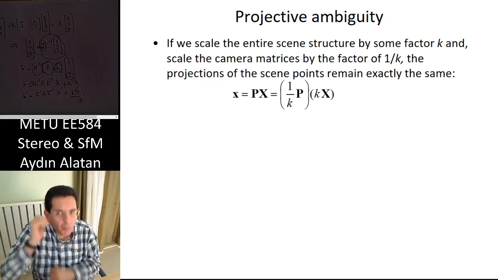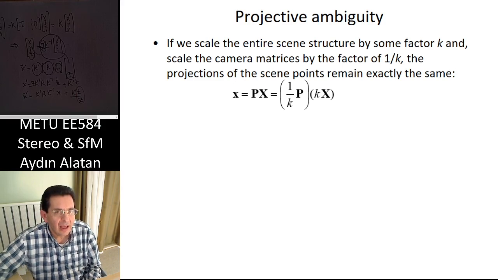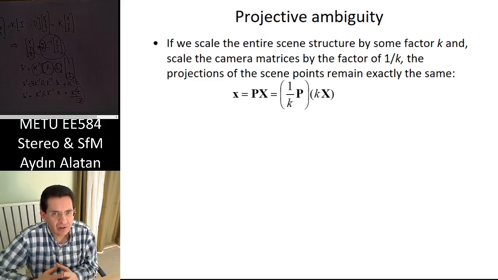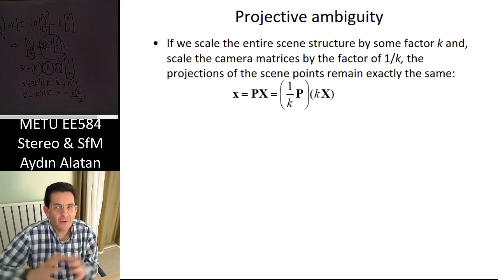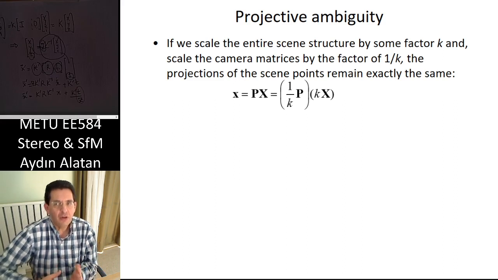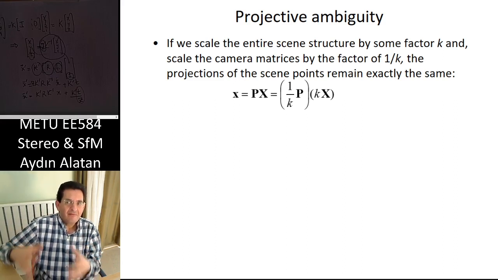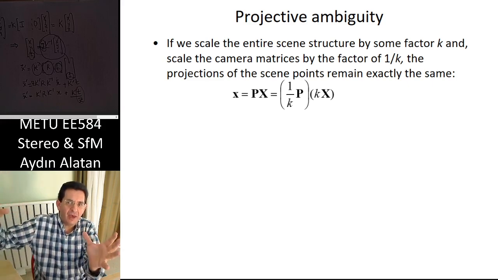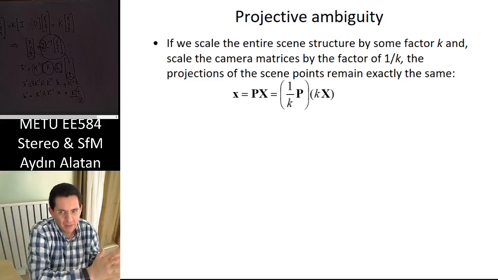The translation component, for example, can be small, and your observed x's don't change. You are not obtaining any different image measurements, but your structure is no longer a little toy, it's a huge thing, but it gives the very same image.